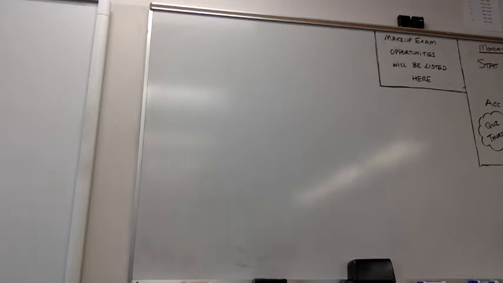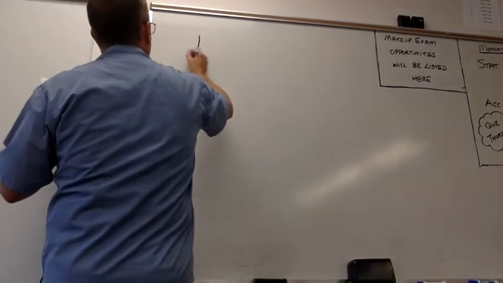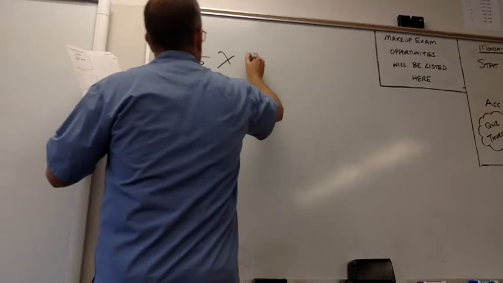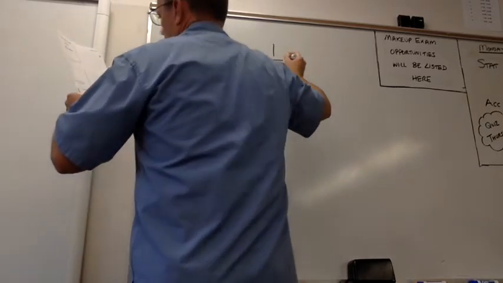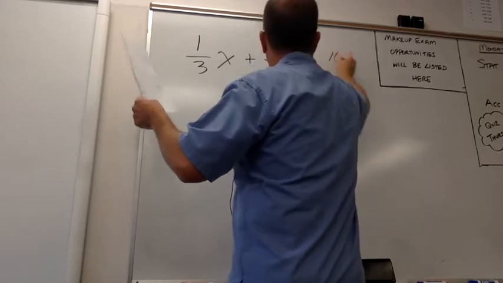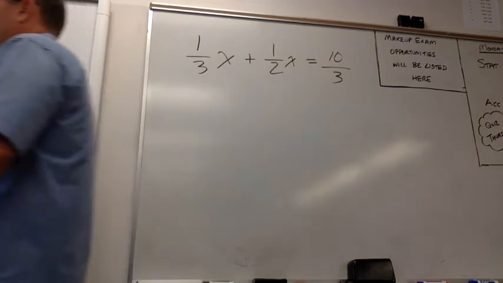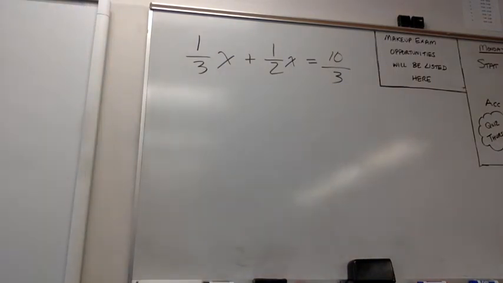So, look at this skill. Watch this skill. This is cool. I think it's cool. I have 1/3 x plus 1/2 x is equal to 10/3. Now, you all might think, oh, let's get a common denominator.